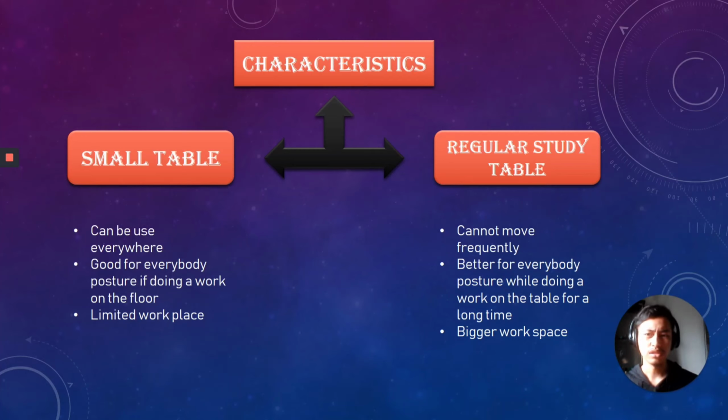It is not designed for you to move around so much. Maybe you can move it if you want to change the place, but it's not something you can do every time.